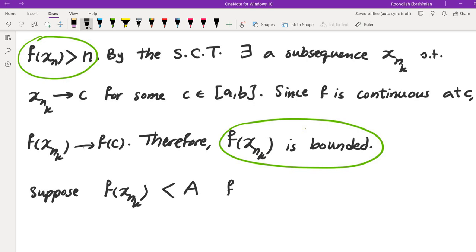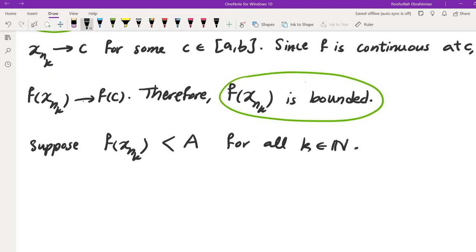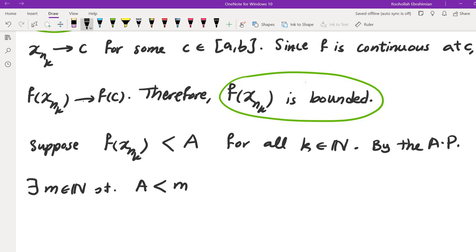We know this is for all k. We know that there's an integer more than a. So by the Archimedean property, there is some positive integer m such that a is less than m. So this means f of x sub nk is less than m for all k.